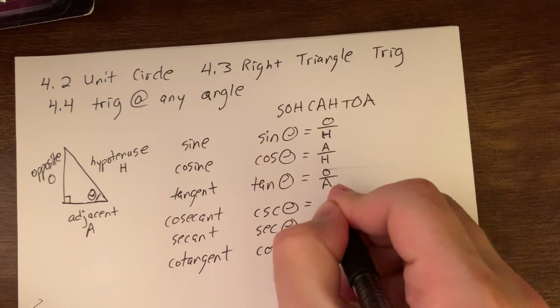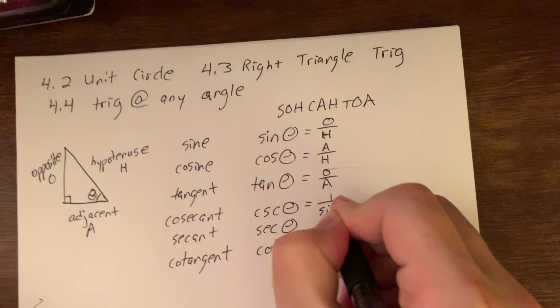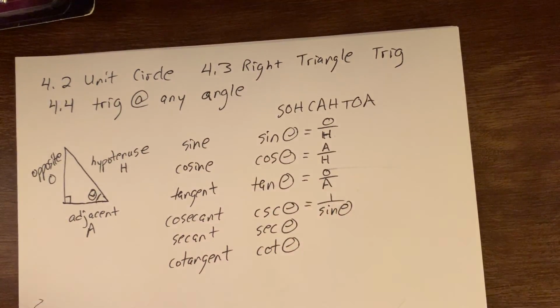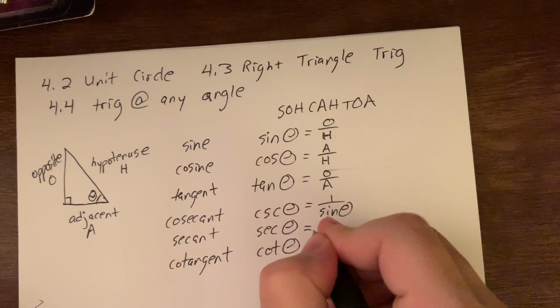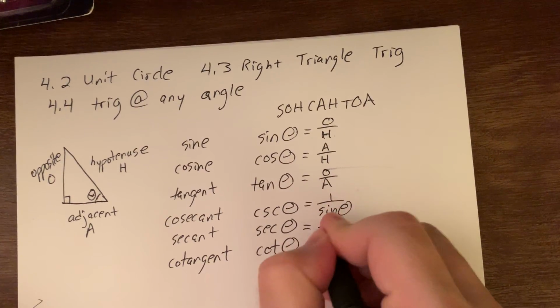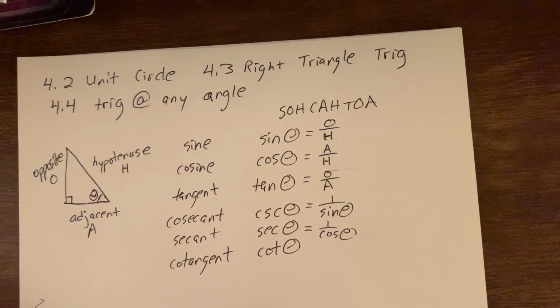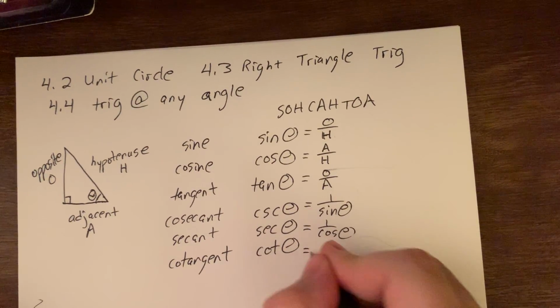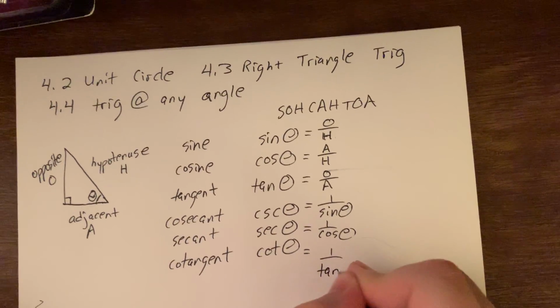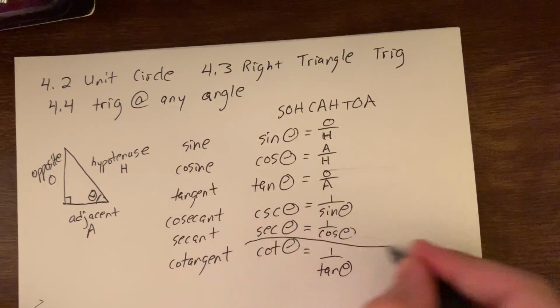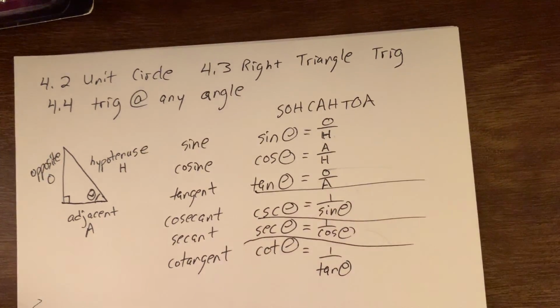Cosecant goes with sine. Cosecant is by definition 1 over sine of theta. Secant connects with cosine. Secant is 1 over cosine theta, and then last, cotangent is 1 over tangent of theta.